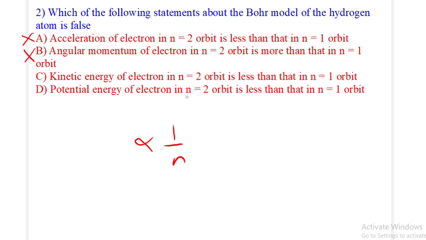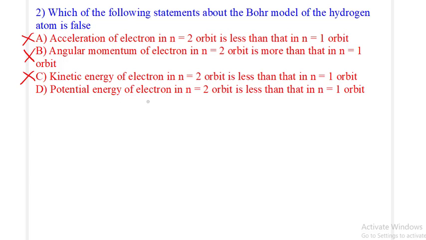We have done this in previous videos. So as n increases, the kinetic energy will of course decrease. So kinetic energy at n equal to 2 is less. So even this statement is gone because this is a true statement and we want to find the false statement. Now the last has to be the false statement.